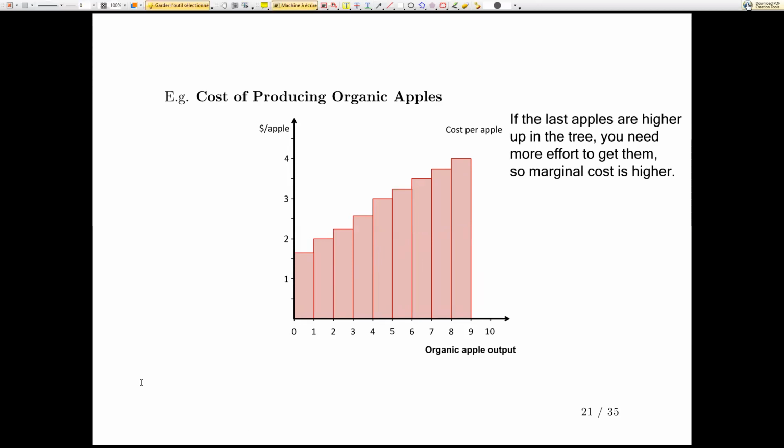Just to say again, what is the sum of the marginal cost up to some quantity?